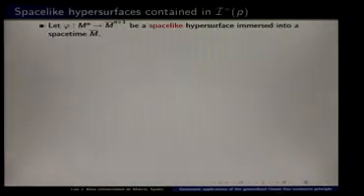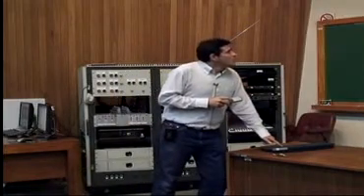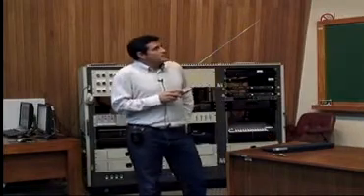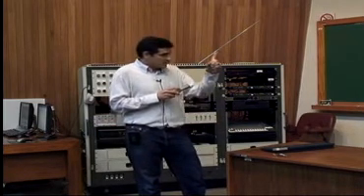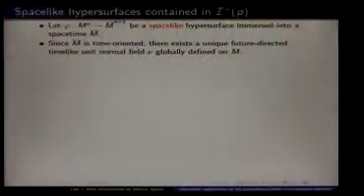But first, something about space-like hypersurfaces. We will consider a space-like hypersurface immersed into spacetime. By space-like we mean that the metric induced on M by the Lorentzian ambient metric is a Riemannian metric on M. Since the ambient space is time-oriented, there exists a globally defined time-like vector field, and since the immersion is space-like, there exists a unique future-directed time-like normal field nu globally defined on the hypersurface.